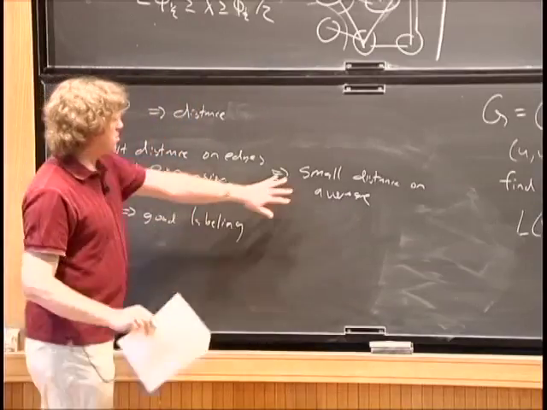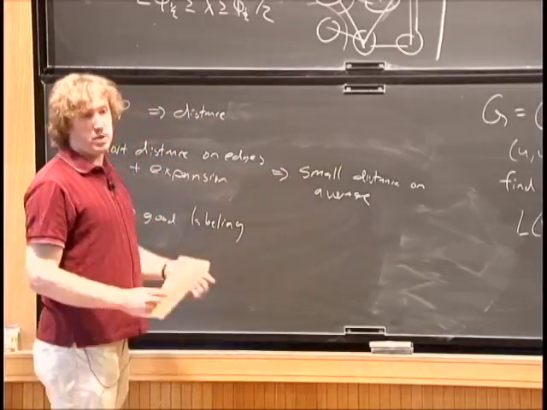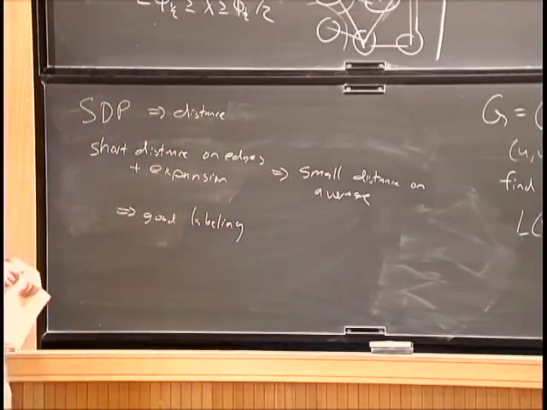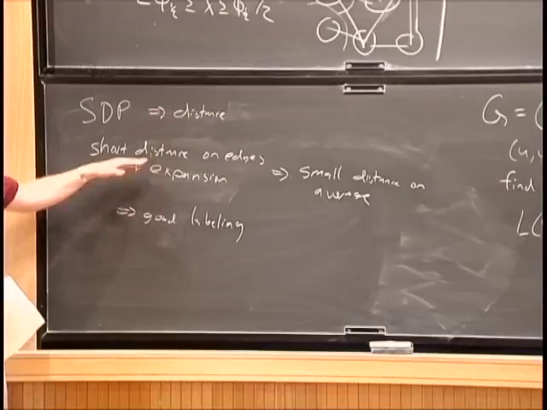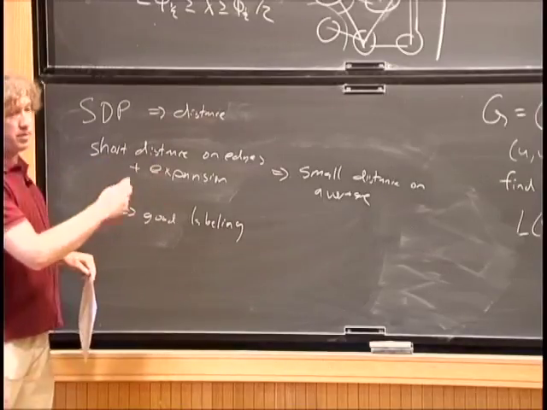And this small distance on average between arbitrary pairs of vertices is something like the average distance on edges divided by lambda.